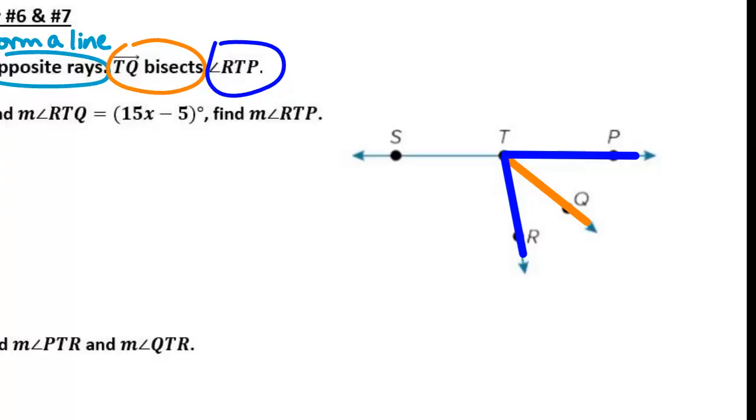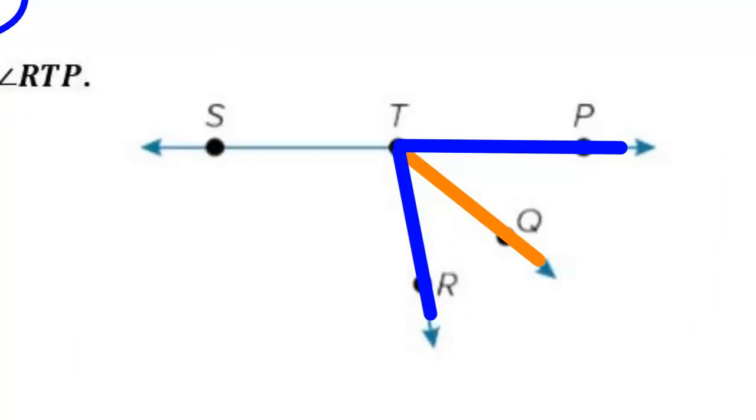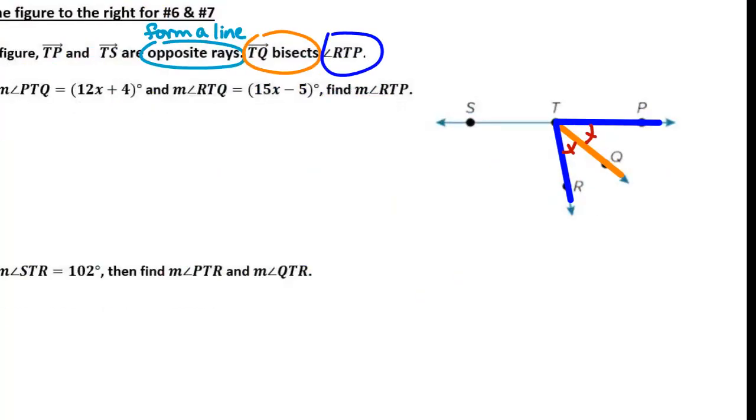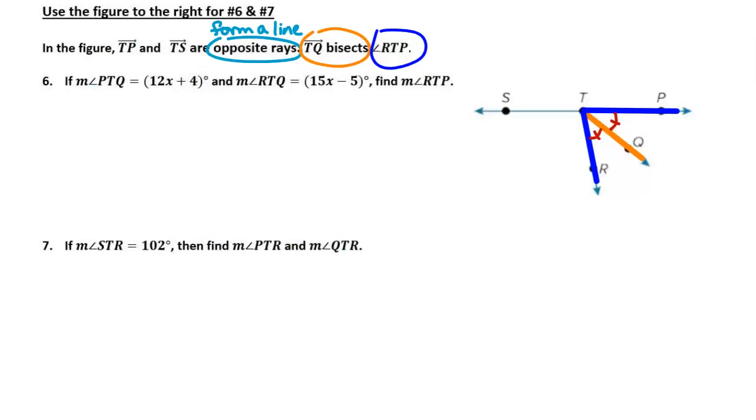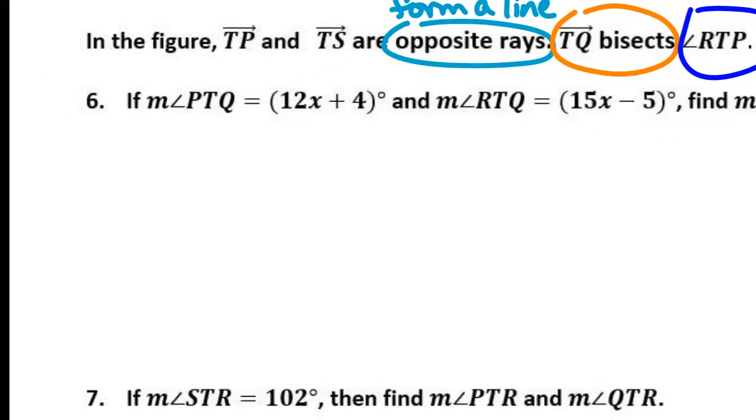What does bisect mean again? Cuts in half. So if that orange ray is cutting my blue angle in half, what do we know about these two angles? They are congruent. So we'll be able to set their measurements equal to each other. So let's go through and look at what our angles are.